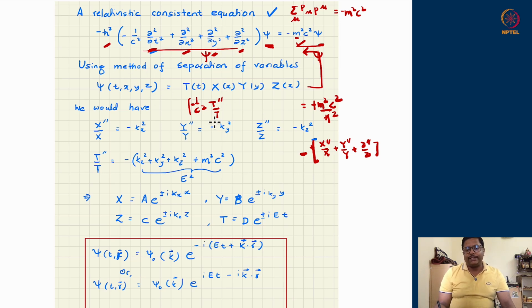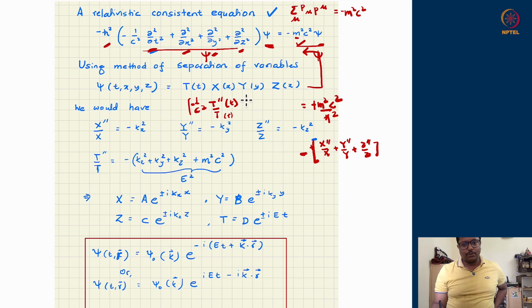So you see left hand side is only a function of t, while right hand side is a function of x, y, z, all these three functions. Since this depends only on t, the double derivative is also a function of t, small t, and the function itself is a function of t.